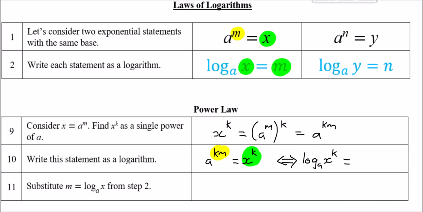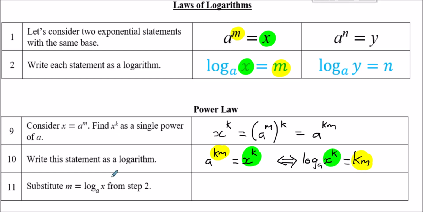Oops, not that, not green, but yellow. Then put this after. So log base a of x to the power k equals km. So just linking it into what we had before from step 1, trying to use the same ideas to help us through in the understanding.